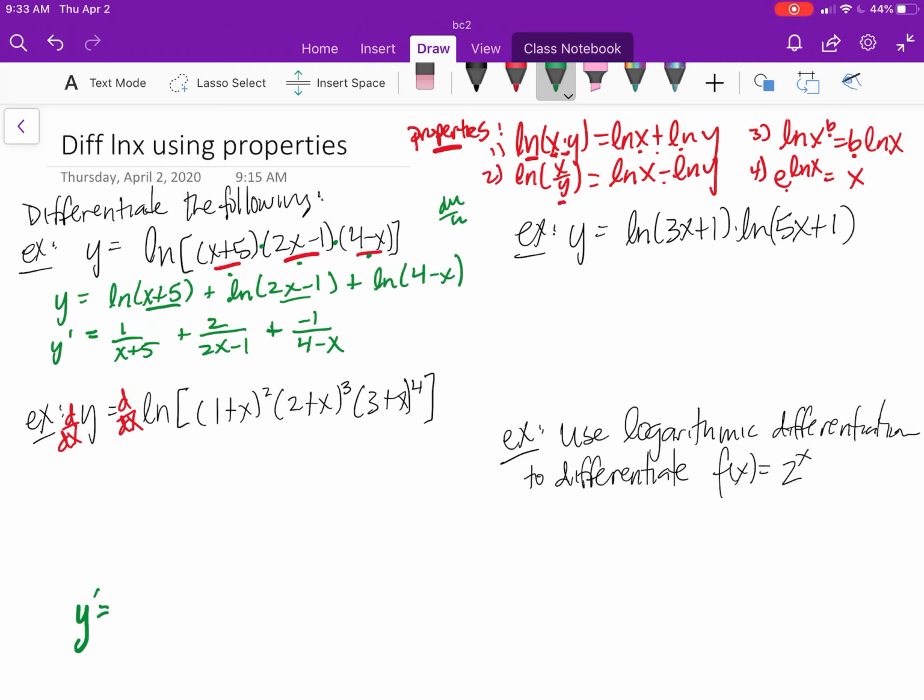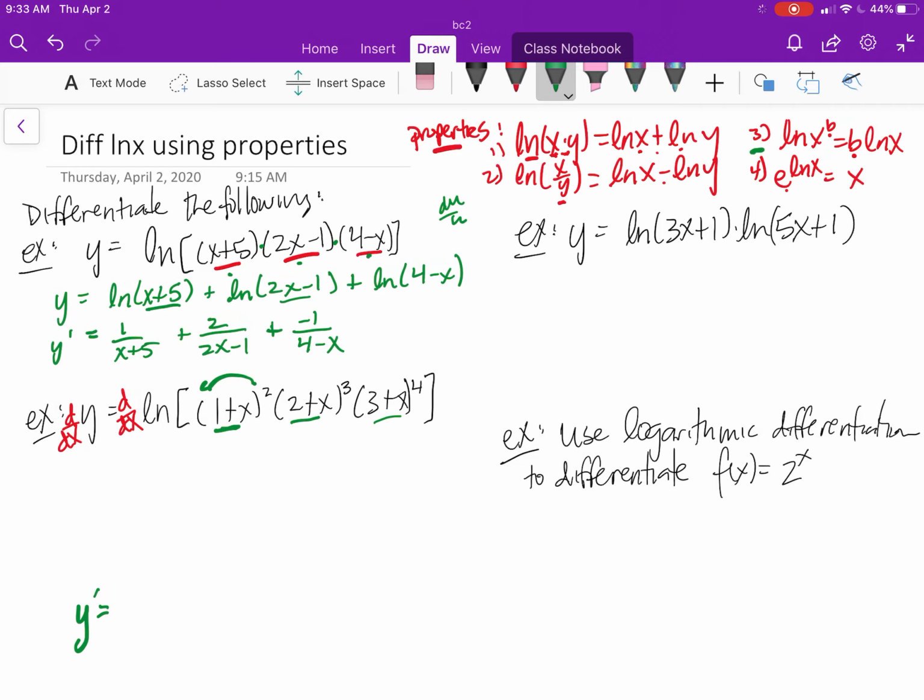So for that derivative, I know that this gets split up into plus. And then I could see this property number 3 in which the exponents can come down. And then I know the derivative of this is just the derivative divided by itself. So let me prove it, and then we'll go back through and go through all the steps, right? Okay.